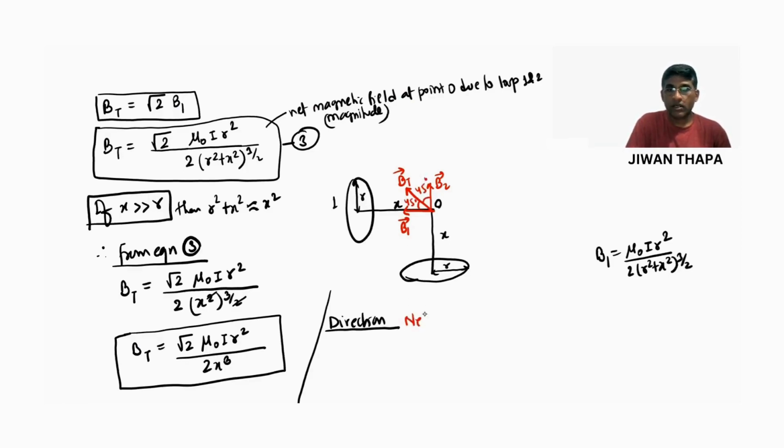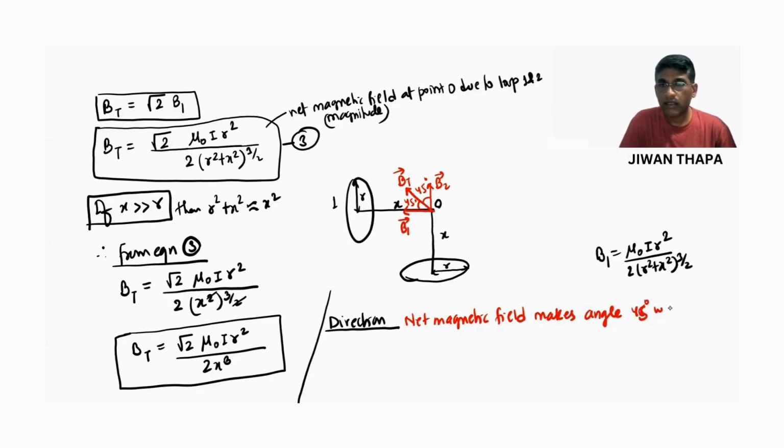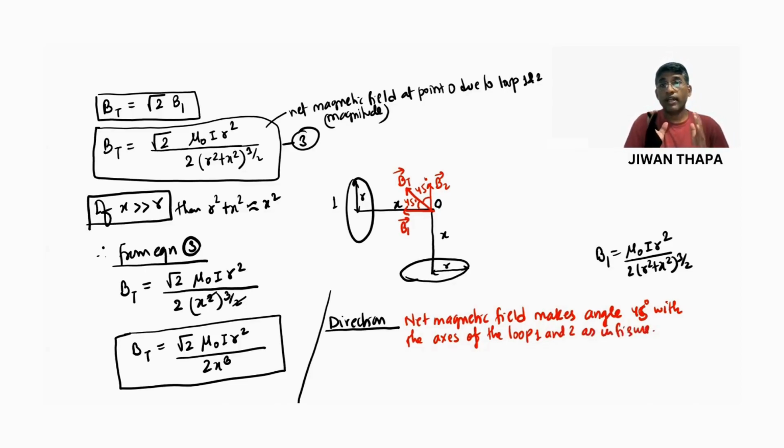Therefore, we can tell the net magnetic field makes angle 45 degree with the axis of the loop 1 and 2, as in figure.